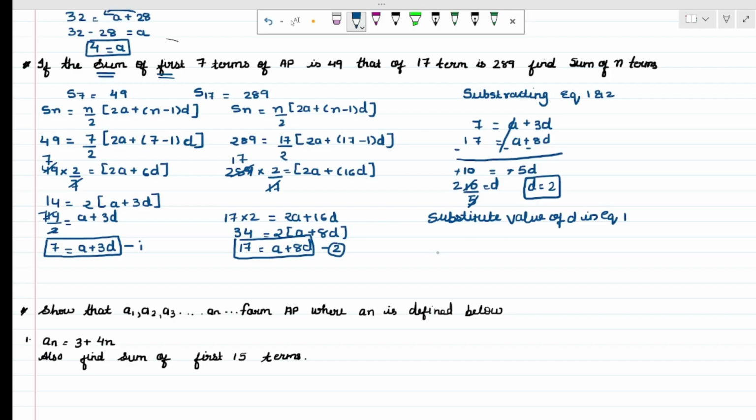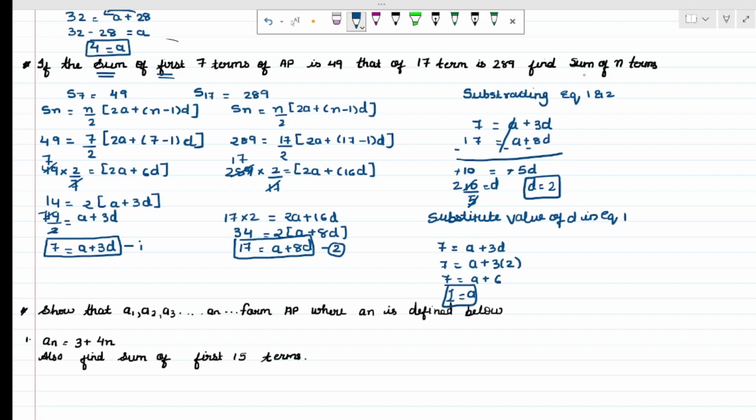What is my equation 1? 7 equals A plus 3D. What is my A? My A we don't know. What is my D? My D is 2. So 7 equals A plus 6, because 3 twos are 6. 7 minus 6 gives me 1. So my value of A is equal to 1.